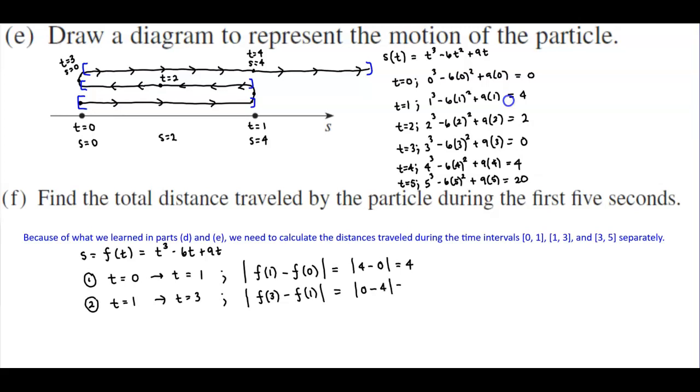So the absolute value of negative 4 is going to give us 4. And then we change direction again at 3. According to the question, we want the total distance traveled to when t is equal to 5, so we want to find f of 5 minus f of 3.